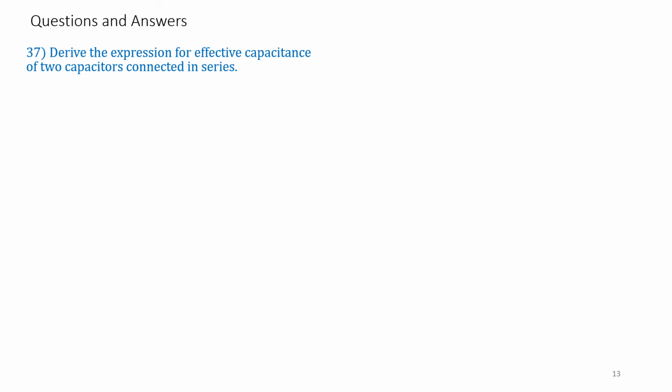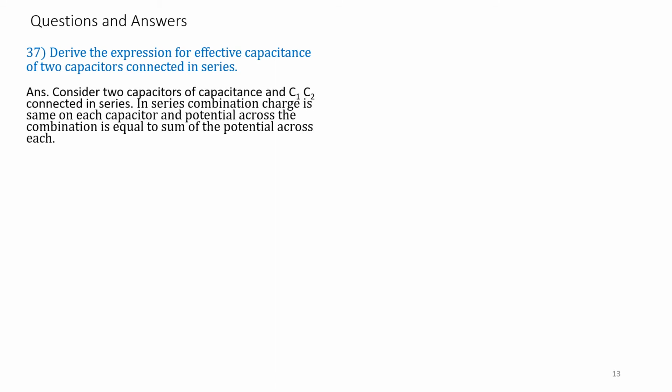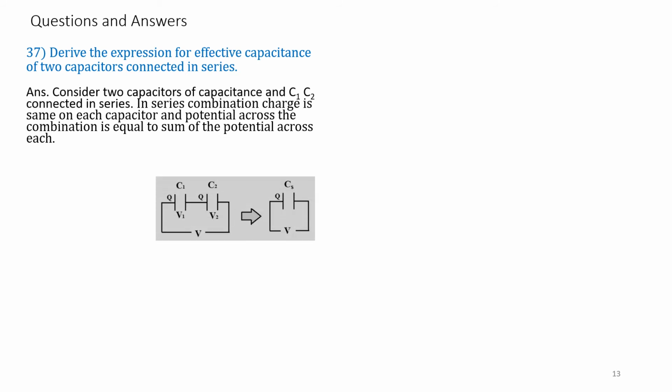Question number 37. Derive the expression for effective capacitance of two capacitors connected in series. Here consider two capacitors C1 and C2 as shown in the diagram, which are connected. One end of a capacitor is connected to the other, whereas the free ends are connected to a potential difference.